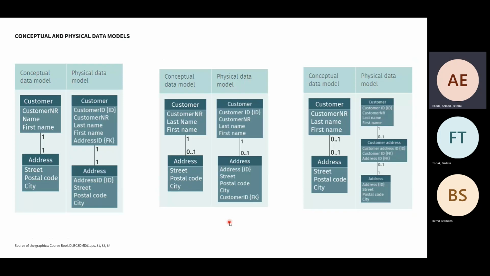So it's more conceptual. From the conceptual data model, you have the content or attributes for every table or entity, and then, if you look here, you go to the next step, which is the physical data model, and then you have something called the customer ID, a customer number.